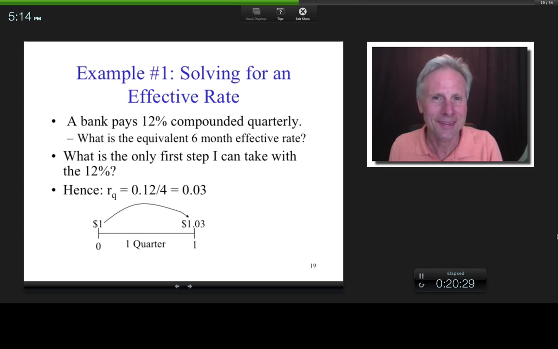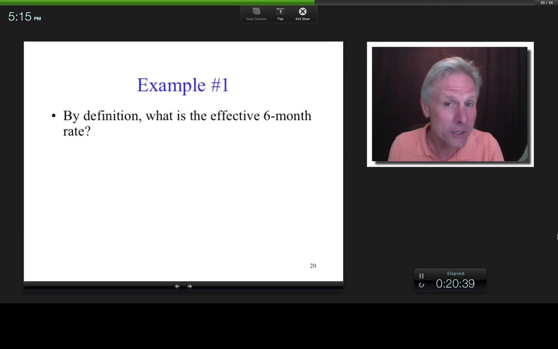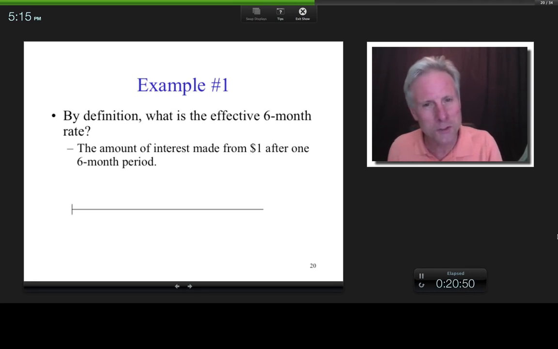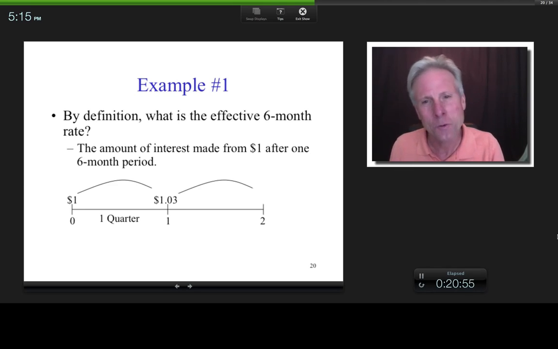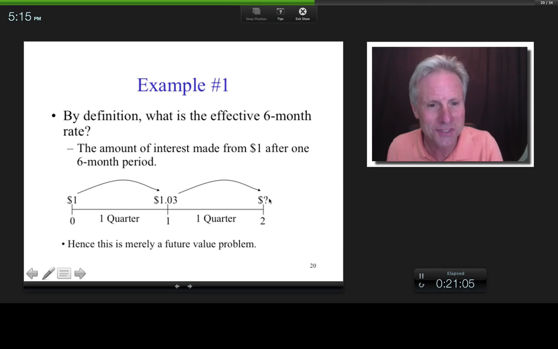Okay? Now, the problem says, well, we want an effective 6-month rate. Well, what does that mean? What is an effective 6-month rate? The amount of interest made from $1 after 6 months, right? So, if we use what we already know is an effective quarterly rate, so we know that $1 grows into $1.03 after 1 quarter, could we use single cash flow principles to figure out how much it grows into after 2 quarters, which, by the way, is also 6 months?